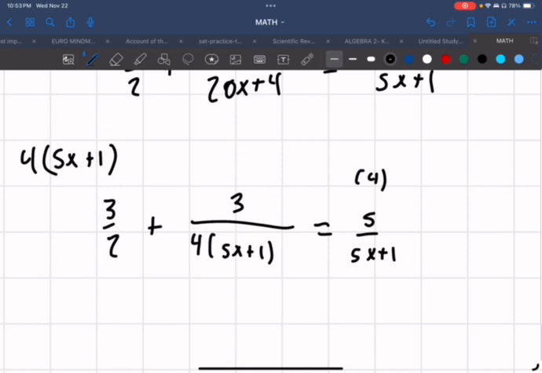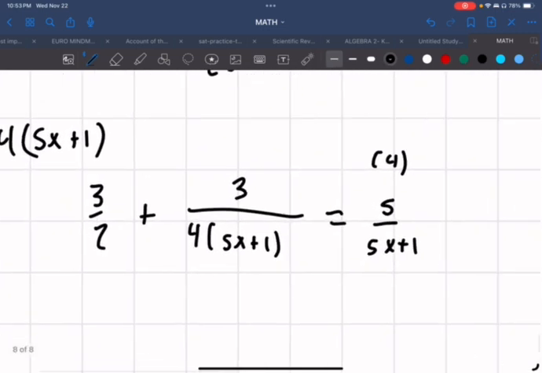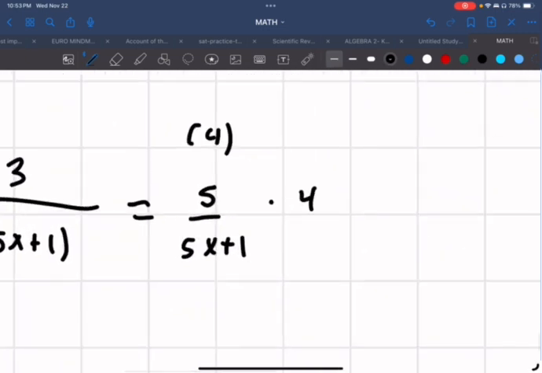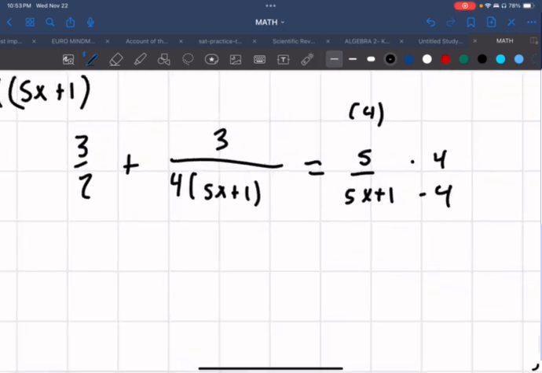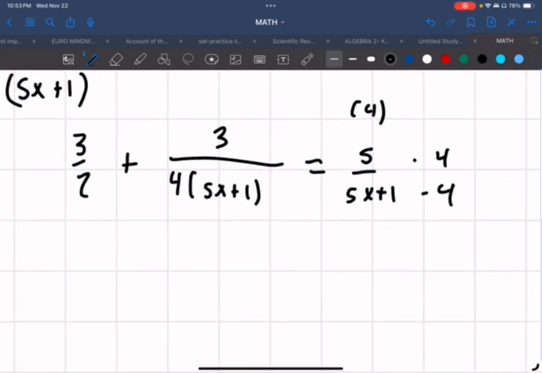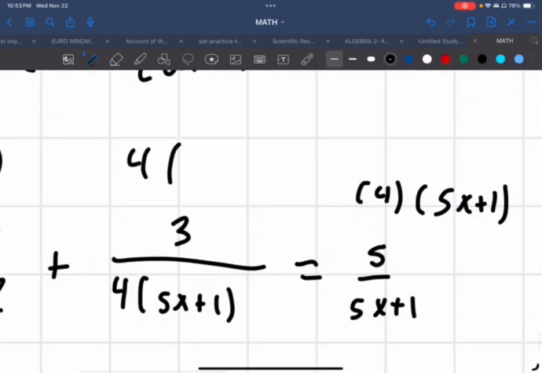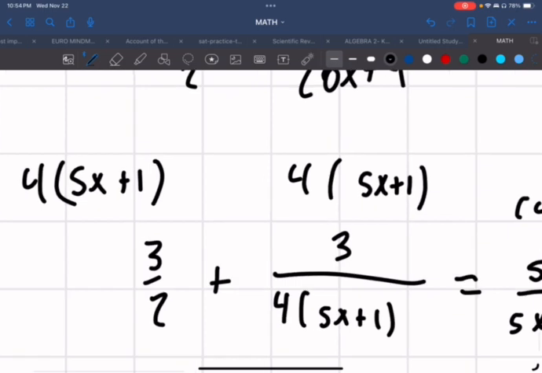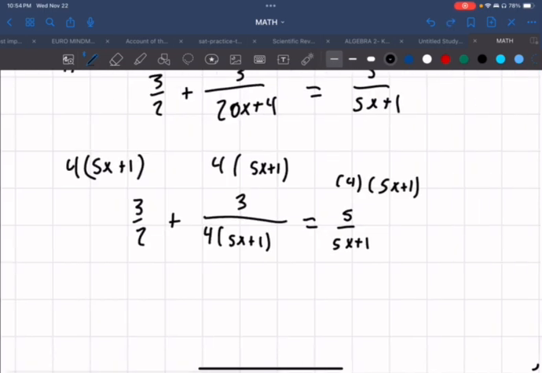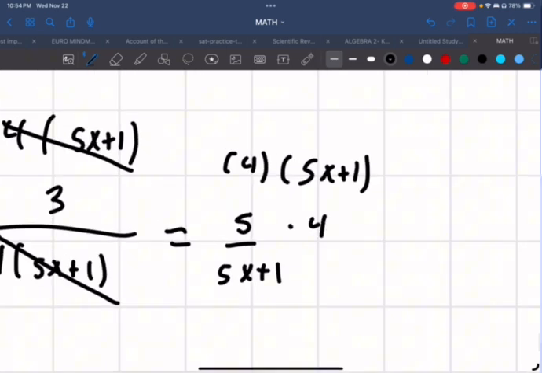Wait, hold on. Okay, so you want a 5x plus 1 here. And then we will want to multiply this.